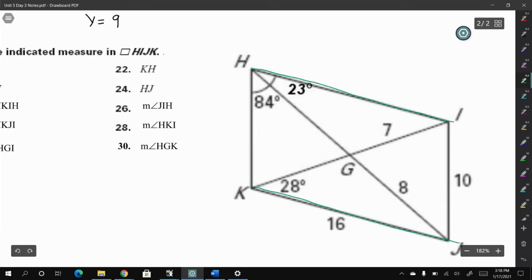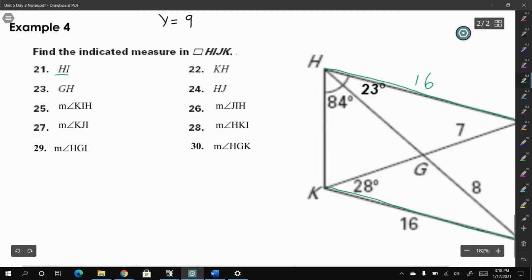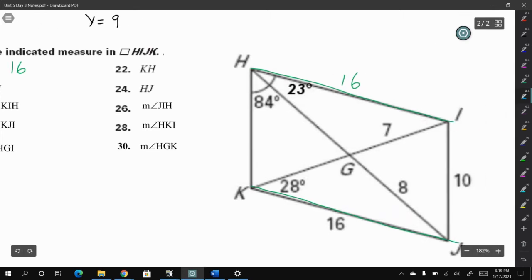And that's going to be congruent to the other opposite side of KJ. And opposite sides of a parallelogram are congruent, so this is 16. Okay, number 22, KH. KH is this side. Well, in a parallelogram, opposite sides are congruent, so IJ over here is 10. So that means this side is 10 as well.